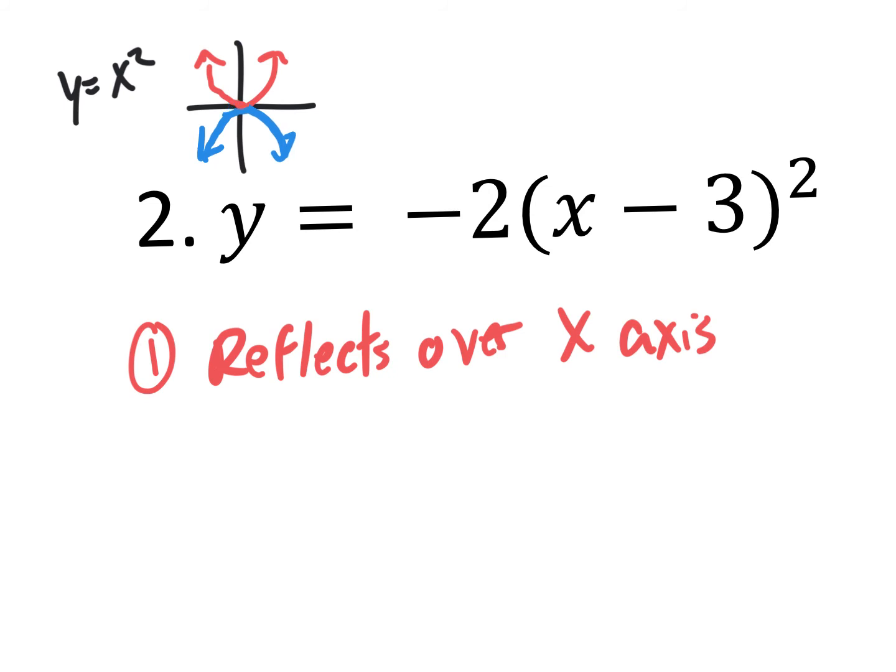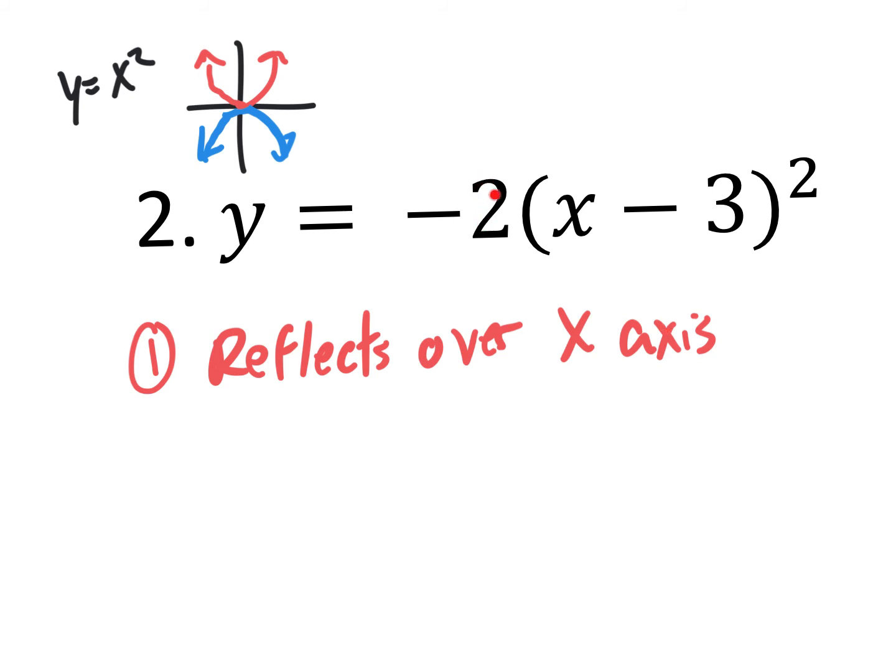It just reflects over the x-axis, which technically means that it opens down. That's absolutely right. But the words we want to use in this section is that it gets reflected over the x-axis, or it reflects over the x-axis. That is the first thing that we describe, because that's the first thing we see right here. It's negative. Okay, so it reflects over the x-axis.